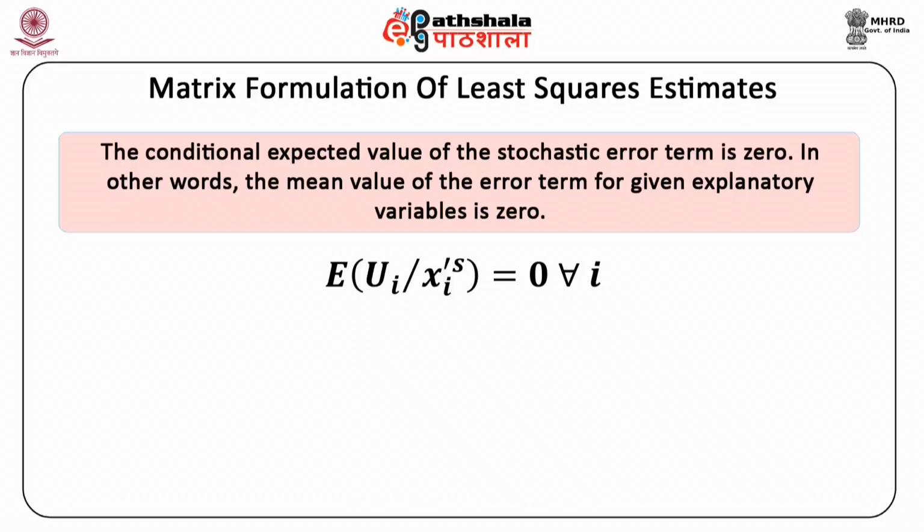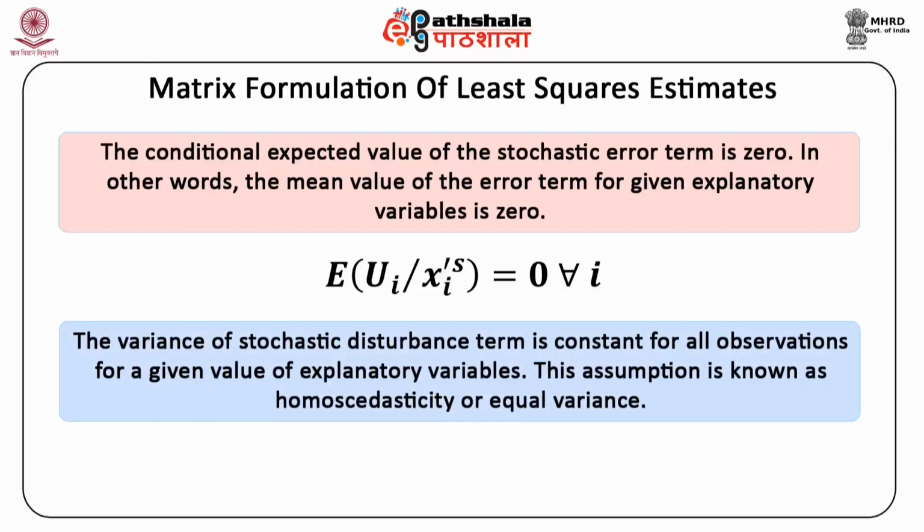Similarly, the second assumption is that the variance of a stochastic disturbance term is constant for all observations for a given value of explanatory variables. This assumption is known as homoscedasticity or equal variance and can be written as variance of ui is equal to sigma square for all i. So students, I have given you these assumptions of the basic multiple linear regression model.